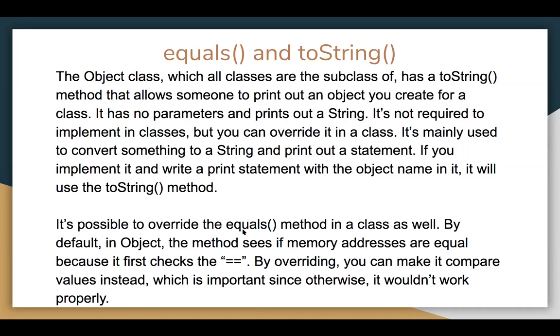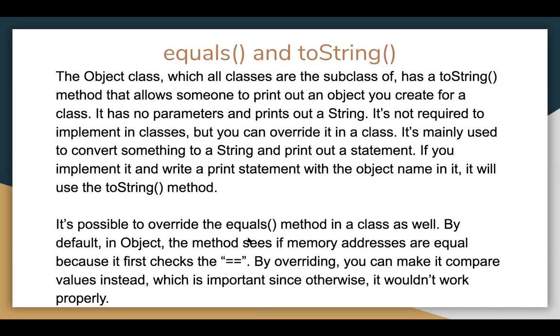It's possible to override the equals method in the class as well. Yeah, so we looked at the equals method last time when we were comparing objects. So again, it's possible to override the equals method in a class as well. By default in object, the method sees if memory addresses are equal, because it first checks the equals operator. But by overriding it, you can make it compare values instead, which is important since otherwise it wouldn't work properly.